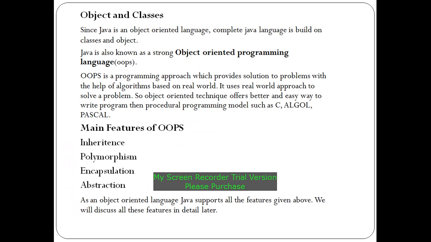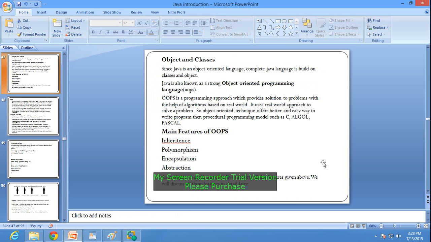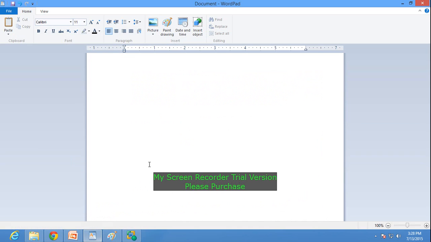In this video we are going to discuss what is an object and what is a class. Until now we have seen that Java is an object oriented programming language which mainly uses objects inside a program. Before going to object oriented programming concepts, what is an object and what is a class?